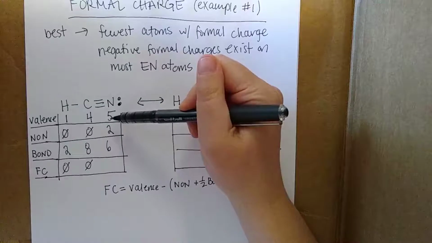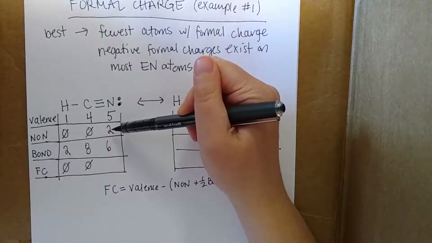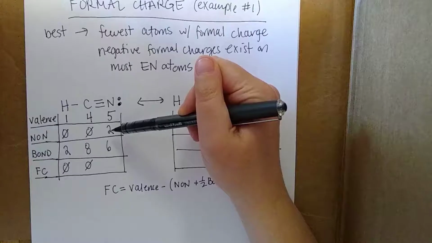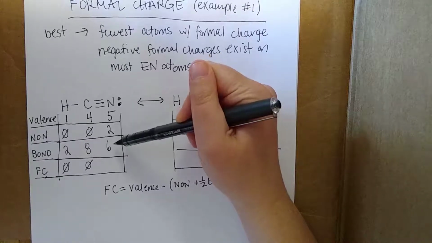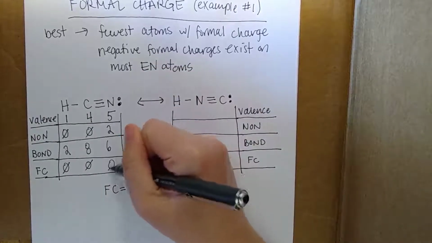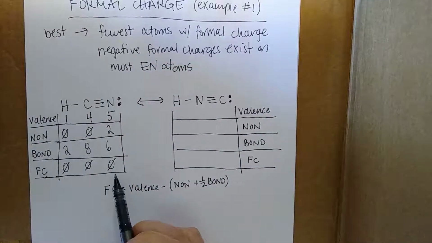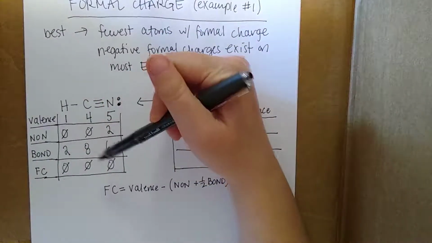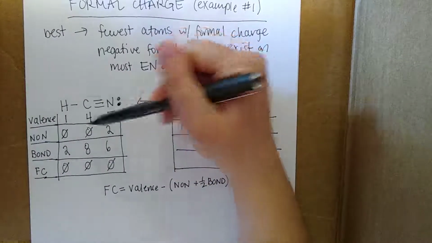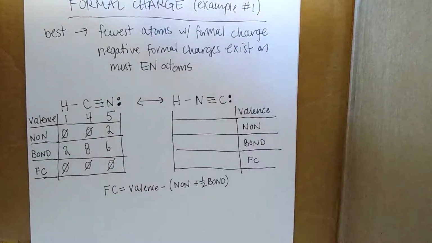And then finally we have 5 minus 2, so that gives us 3, and then minus another 3, so that also gives us 0. So there's a 0 formal charge on each one of these atoms, and the sum of the formal charges equals 0, as it should, because this is a neutral molecule.